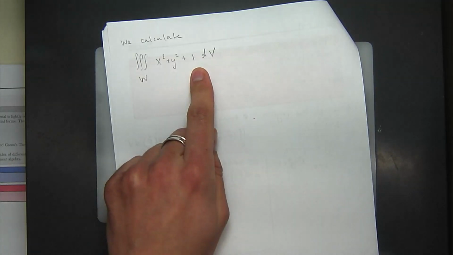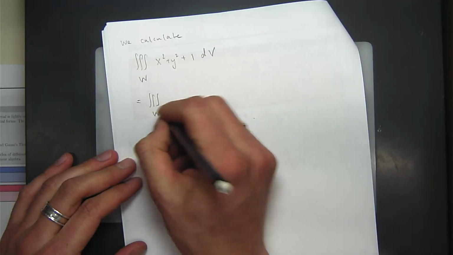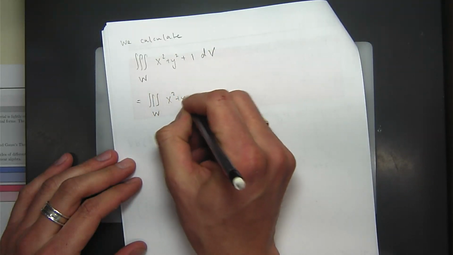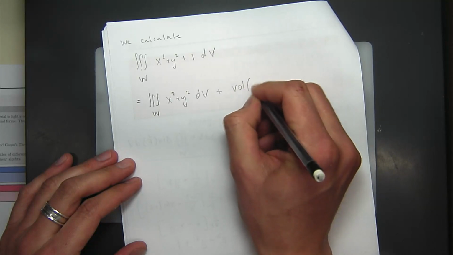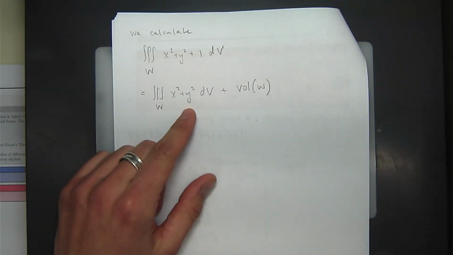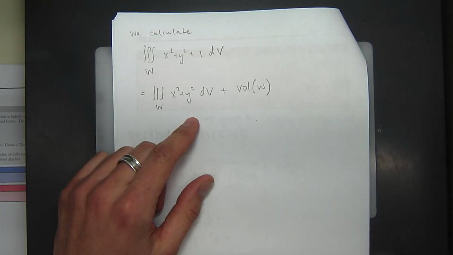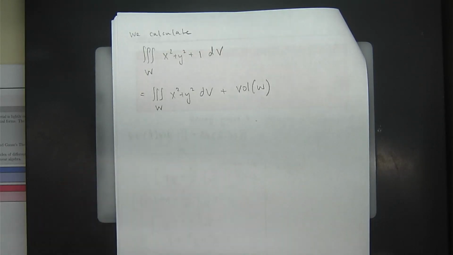Okay, so again, we've got a constant that's just going to turn into the volume of the thing. Now we have to integrate this over the cylinder. And for that, it seems like polar coordinates would be the way to go, right? We don't want to write our boundaries with square roots and stuff.